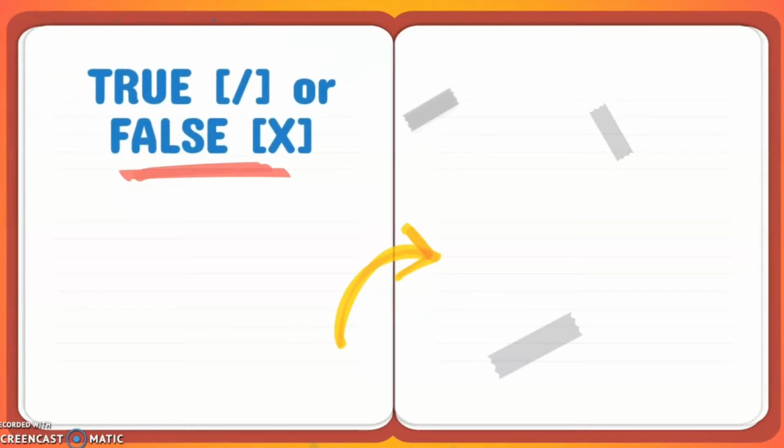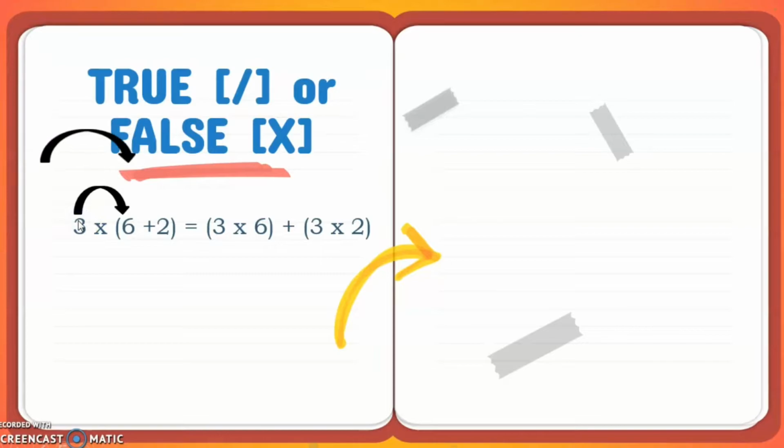Next one, identify uli natin kung true yung statement. Ito yon. So, 3 times the quantity of 6 plus 2. Parehas din kaya siya sa 3, the quantity of 3 times 6 plus the quantity of 3 times 2. So, pag minultiply ba yung 3 dun sa 6 inside the parenthesis, at saka yung 3 doon sa 2 na nasa loob ng parenthesis, pagka-come up din ba siya ng parehas na answer?